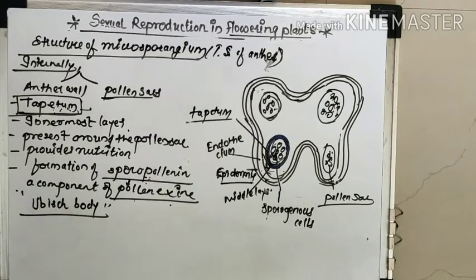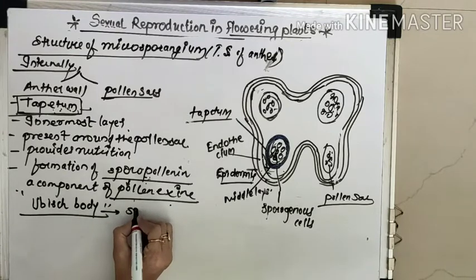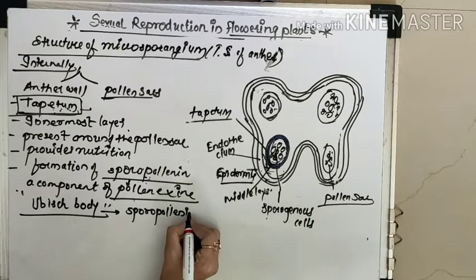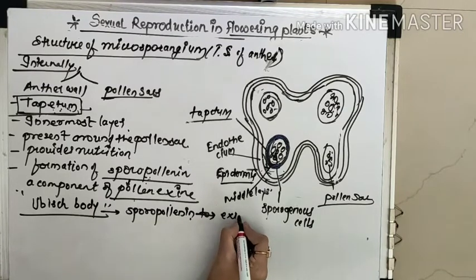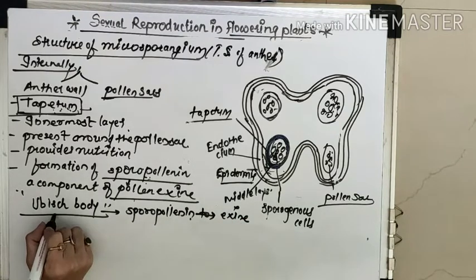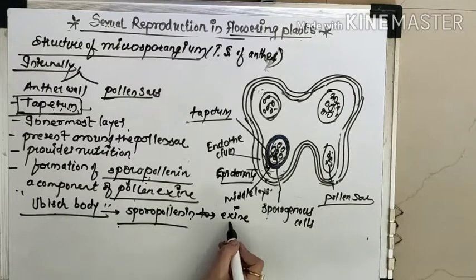Okay, and these cubish bodies transport sporopollenin to the exine. Why do these bodies transport sporopollenin to the exine, that is the outermost layer of this pollen grain?